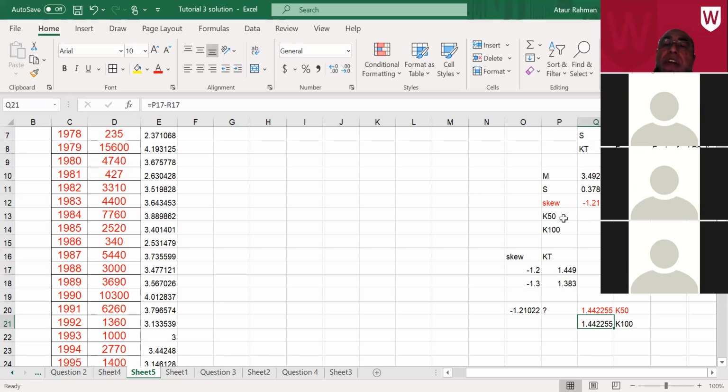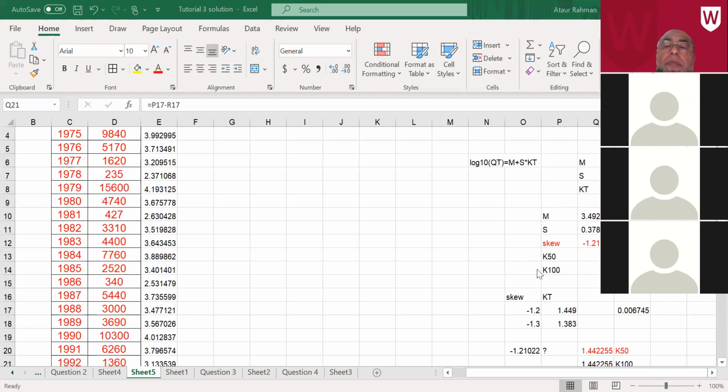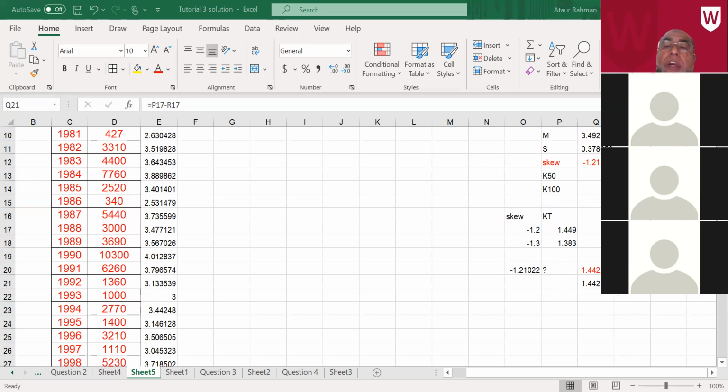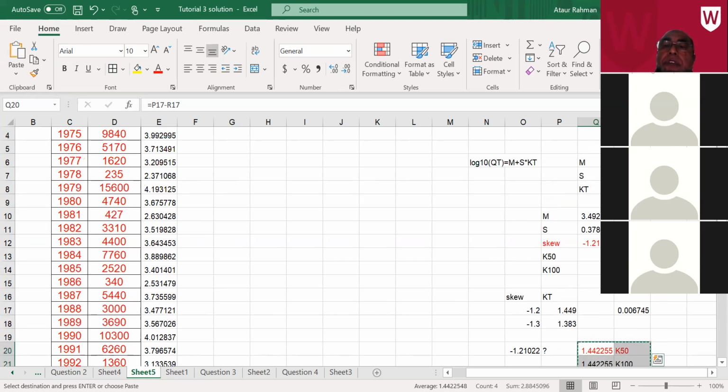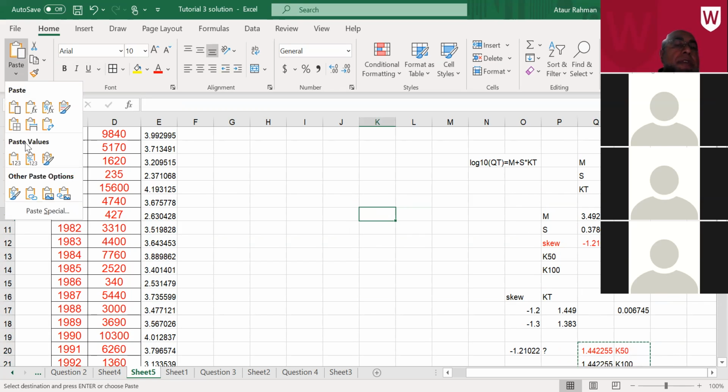So Sir, now we can find out our Q100, is that right? So we know our K50 and K100 now. I am taking it a little bit higher up so that I can see the equation there. So I put my KT here.